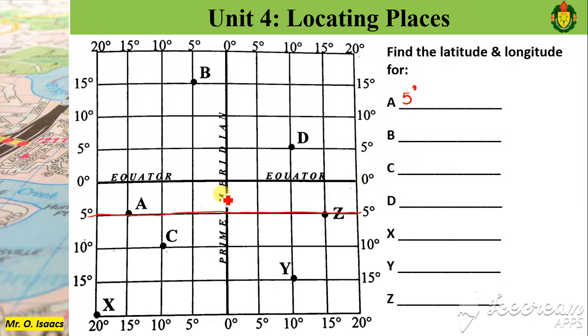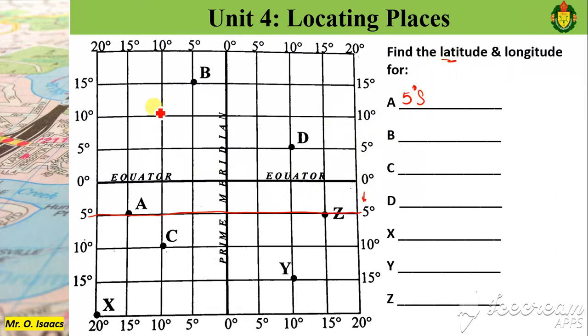Then you look at the main line of latitude, which is the equator, to see if it falls above or below it, because you need to know what hemisphere that place is located in. It's below the zero, so in this case this would be south. So it would be 5 degrees south for your latitude.